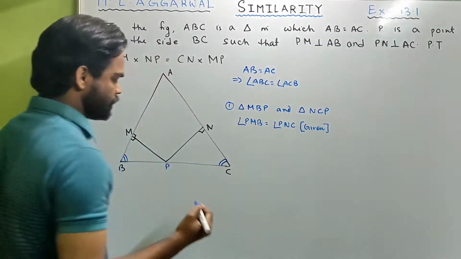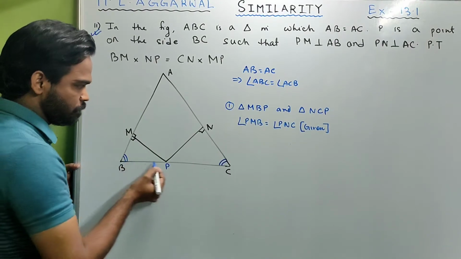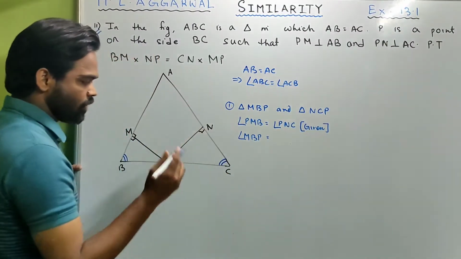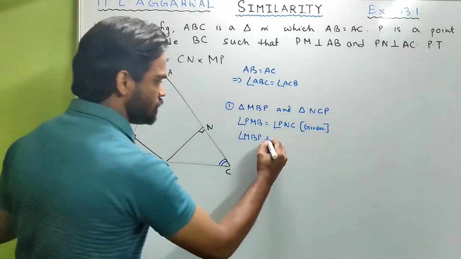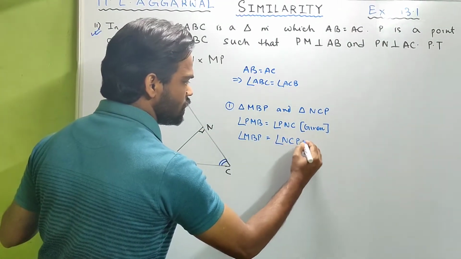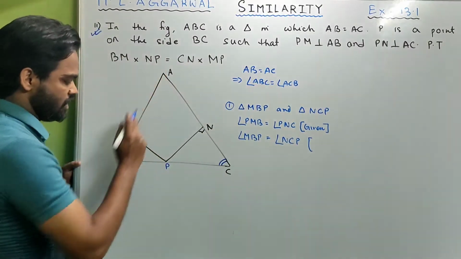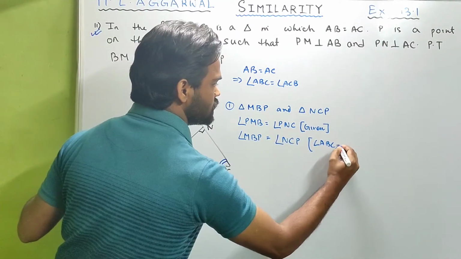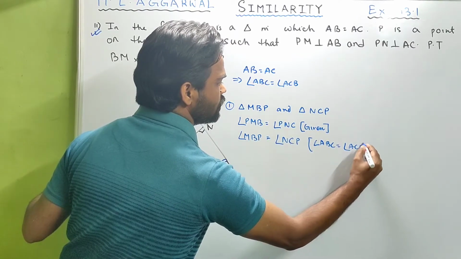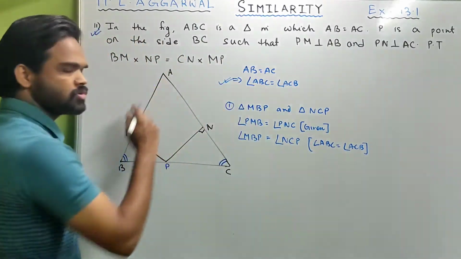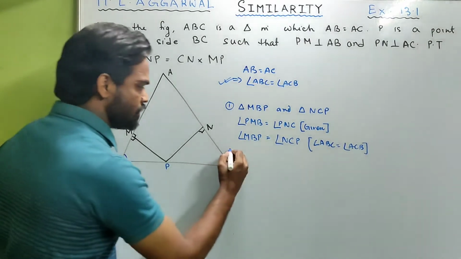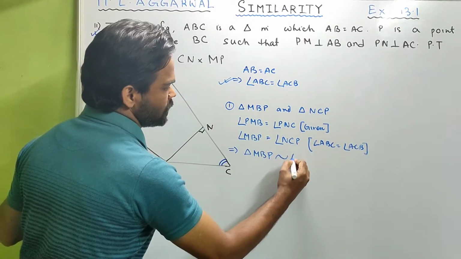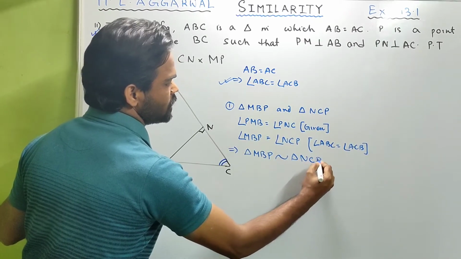They have told. And angle MBP is equal to angle NCP. Why? Because angle ABC is equal to angle ACB. We have seen earlier, because the two sides were equal, which means that triangle MBP is similar to triangle NCP.